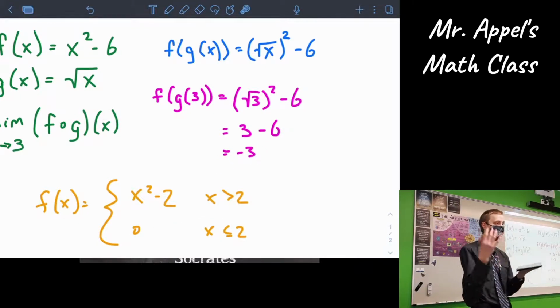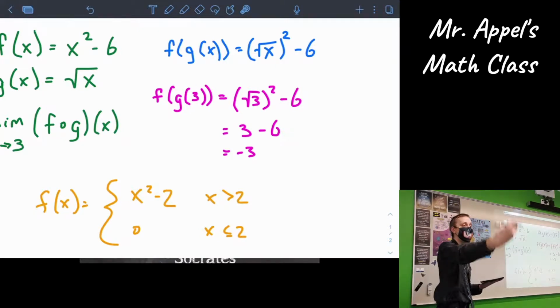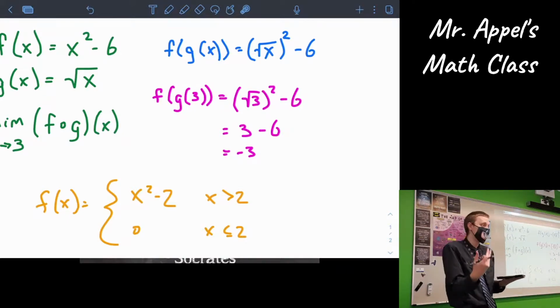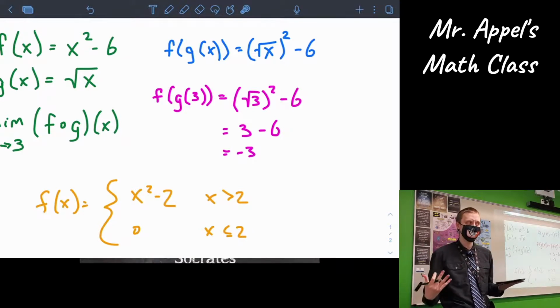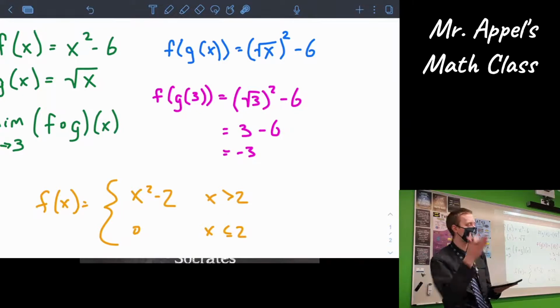But does the rest of the function actually approach negative 3? Or is this an exception? Does 3 happen to be a unique value for this function? That happens when stuff gets weird. You wouldn't expect all these other numbers to do something completely different, but 3 is the magic one.